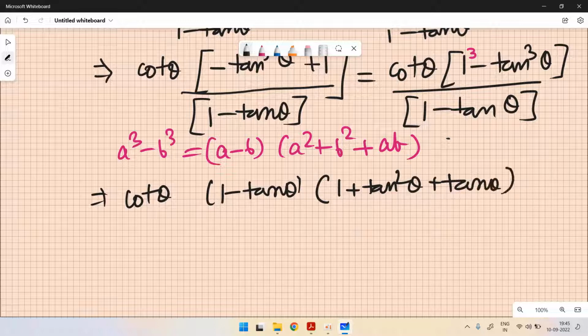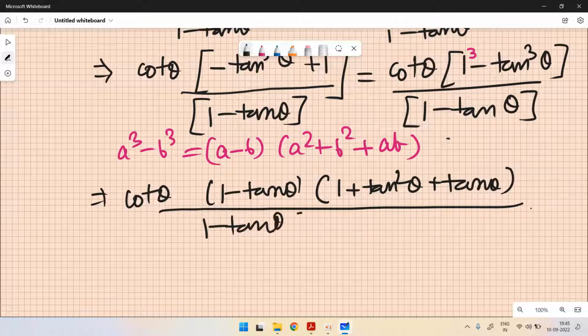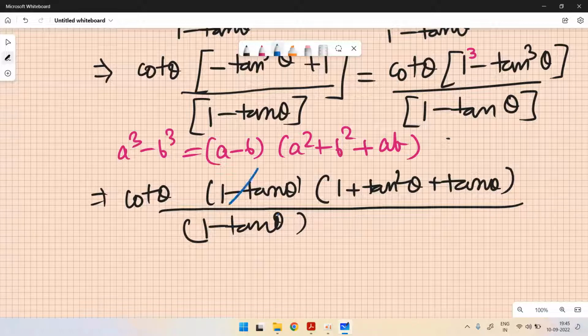I can write it as this upon 1 minus tan theta. Right. You have to know that 1 minus tan theta and 1 minus tan theta cancel, this is 1, and this cot theta, taken inside the bracket, is cot theta into 1 is cot theta plus cot theta into tan.